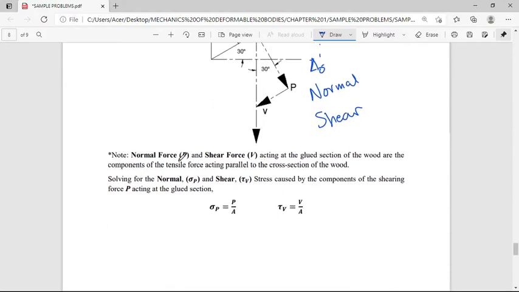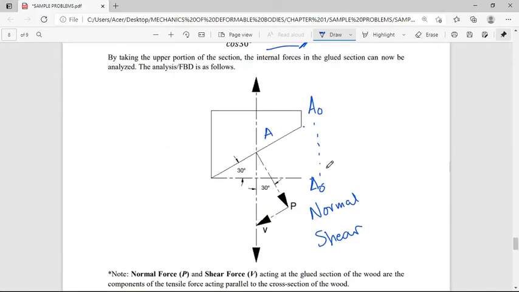So, tuloy. Note that the normal force P and shear force V acting at the glued section of the wood are the components of the tensile force acting parallel to the cross-section of the wood. So, itong normal and shearing force na to is yung components nitong force P. Itong force P na to, yung in-extend mo. Yung nag-act mismo dun sa wood.